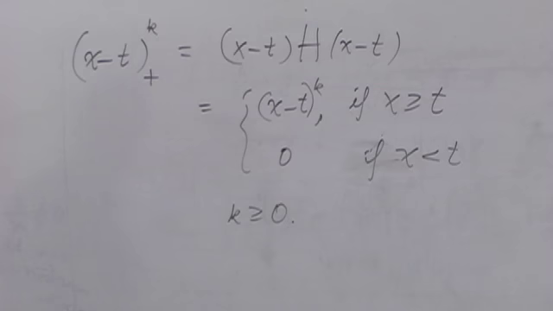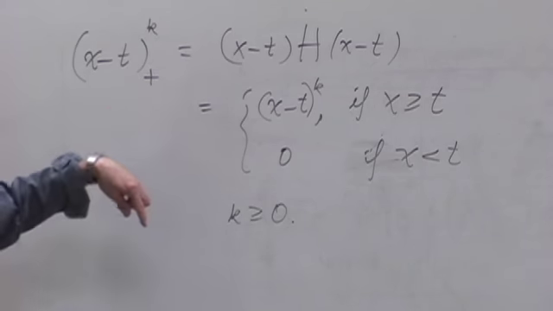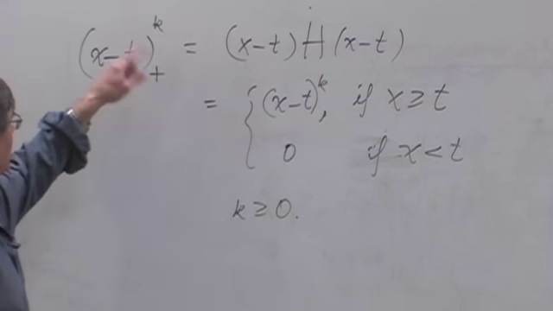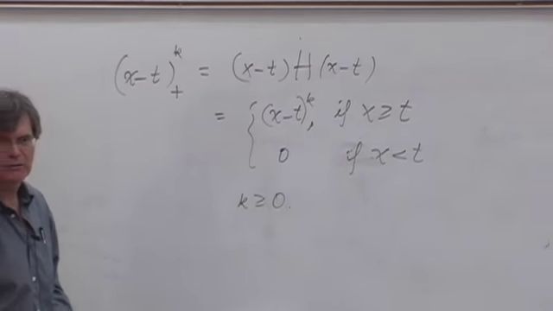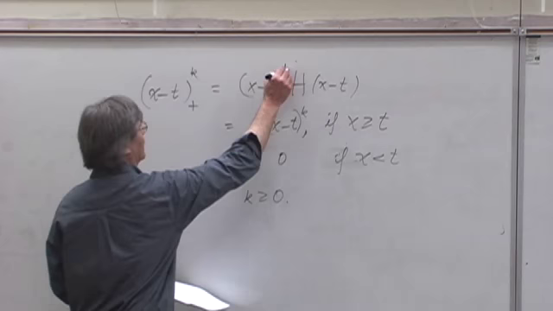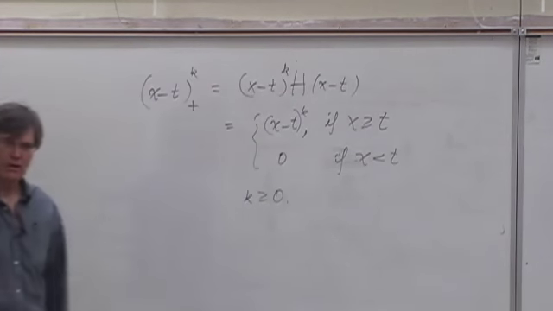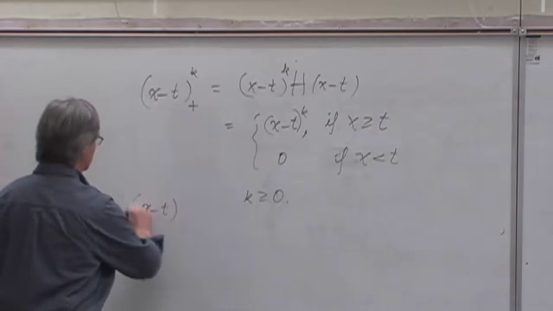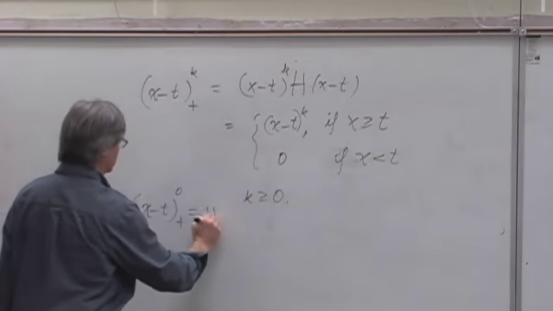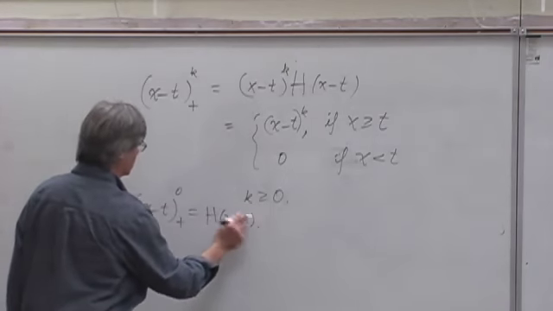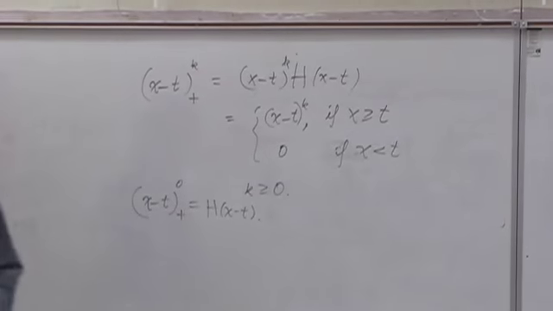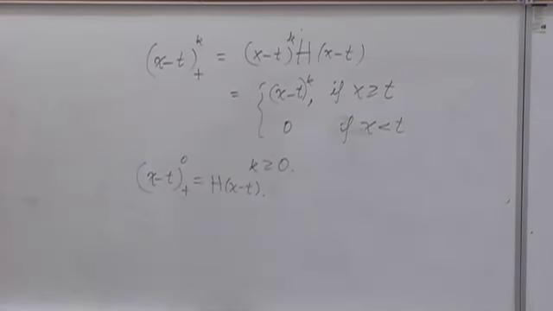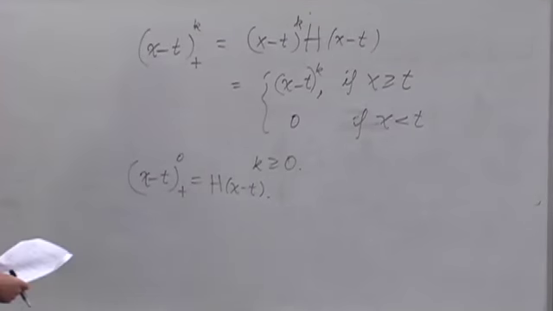So with the 0th case, x minus t to the 0 would just be the Heaviside function again, h of x minus t. Okay, so that's the definition.